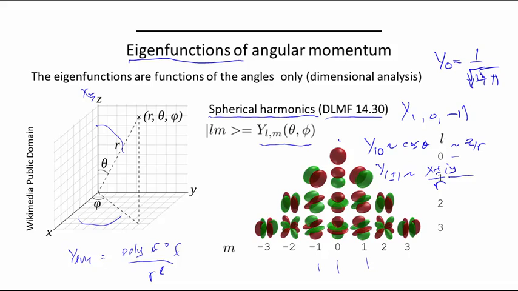Most of the problems that you encounter deal with fairly small values of l, where the spherical harmonic functions are rather simple, but they're a very powerful set, and they're widely used in many applications in physics and mathematical analysis.